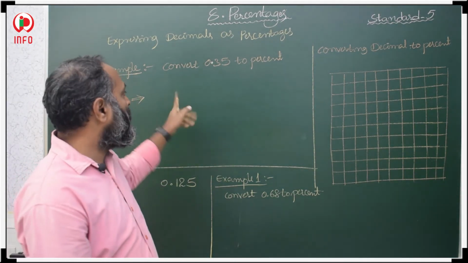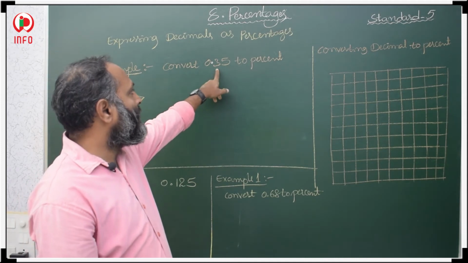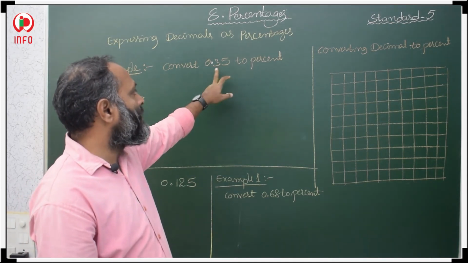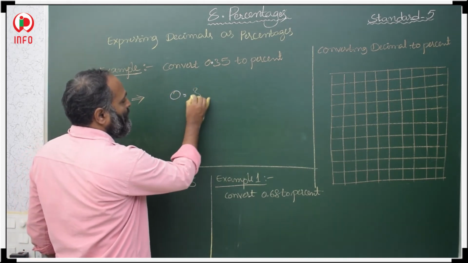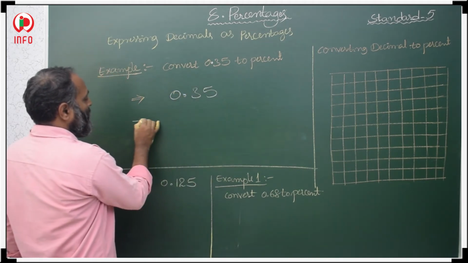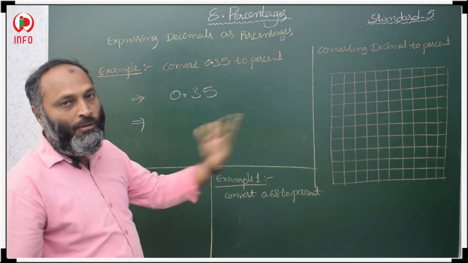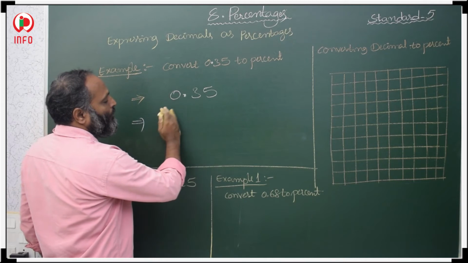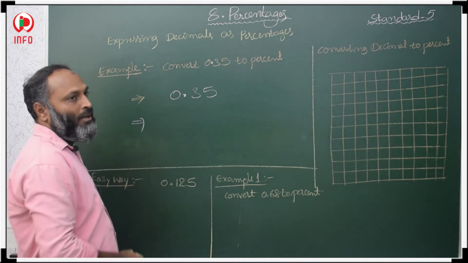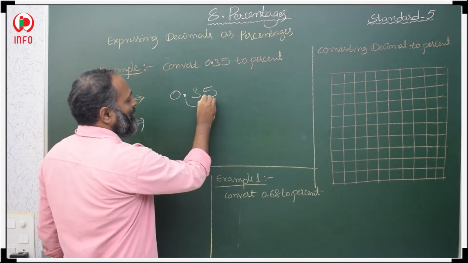Here is how to convert decimals into percentages. First take the decimal 0.35. To convert it into a percentage, we move the decimal point 2 places from left to right. This is the first place, this is the second place.